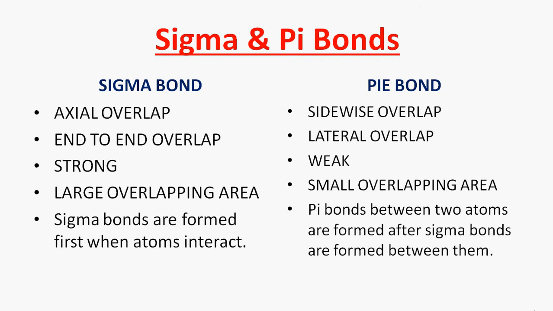So there is one sigma bond and one pi bond. Whereas in ethyne or alkynes, there are two pi bonds after one sigma bond has been formed. So there can be no pi bond until a sigma bond is formed.